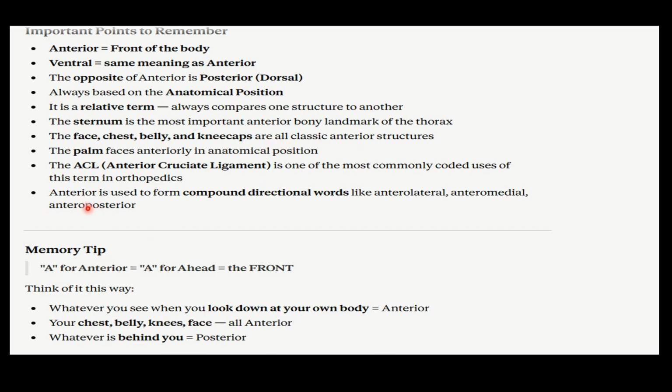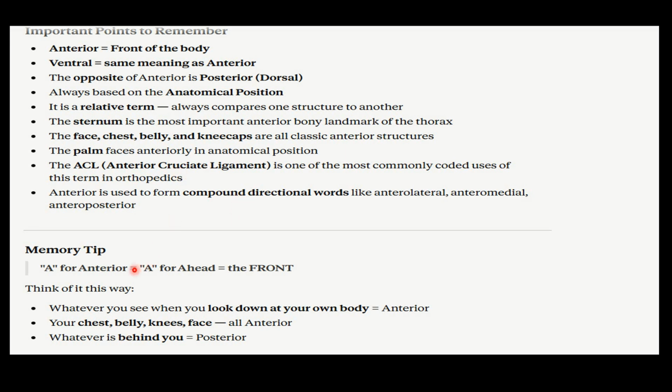ACL. Then we have noted down anterior is used to form compound directional words also, like anterior-lateral, anterior-medial, anterior-posterior. This is how we build the compound directional words. Maybe we'll discuss this in detail, but for now just keep it in mind.